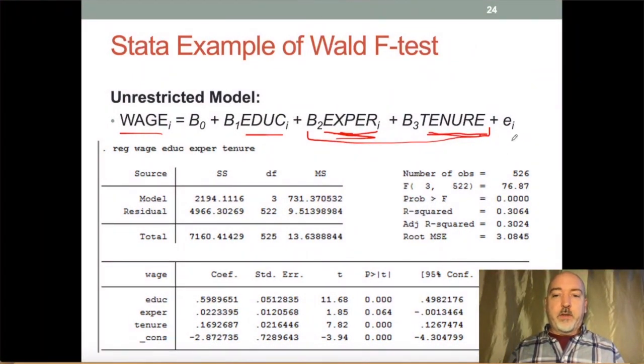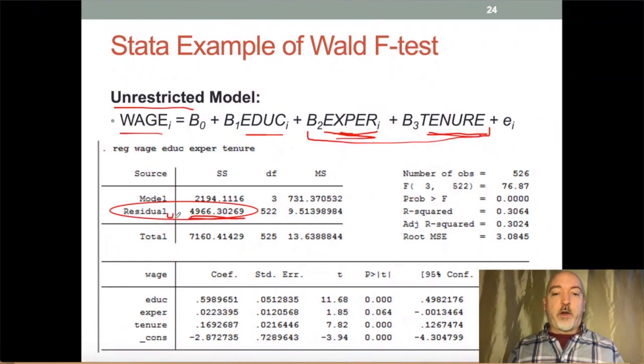But this model here is what we'll call the unrestricted model, right? Wage as a function of all 3 variables. And once we know that we're going to be running a joint significance test, we're going to estimate this model, and we're going to take this number, right? That's the residual sum of squares. That'll be the RSSU, right?